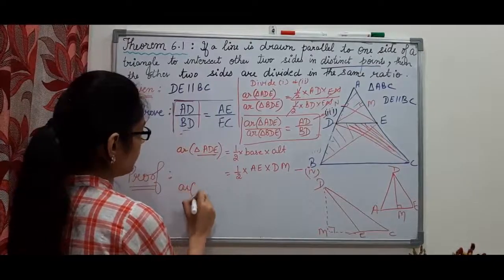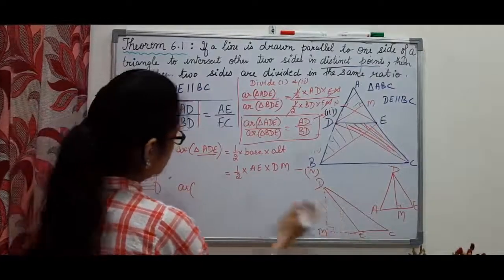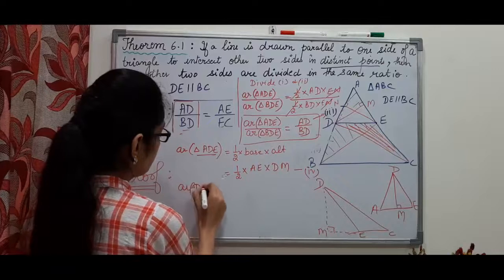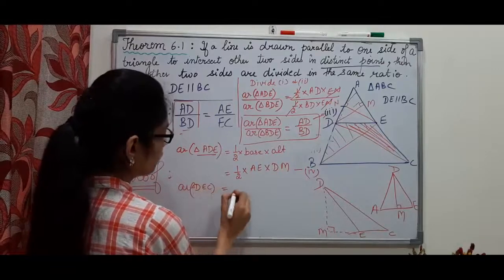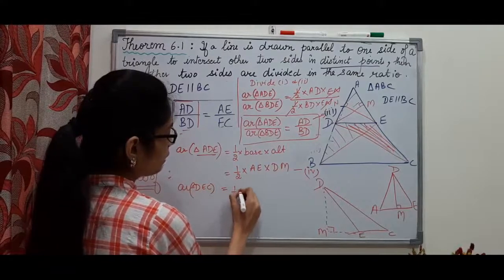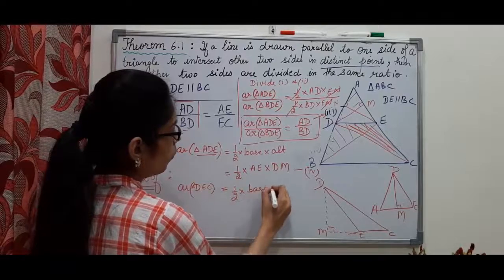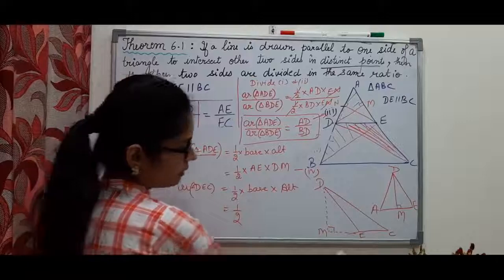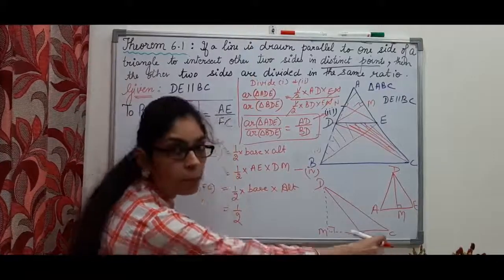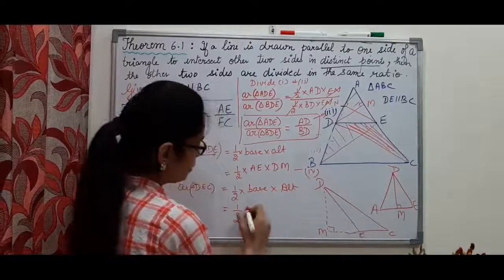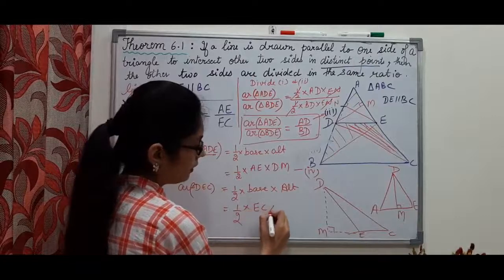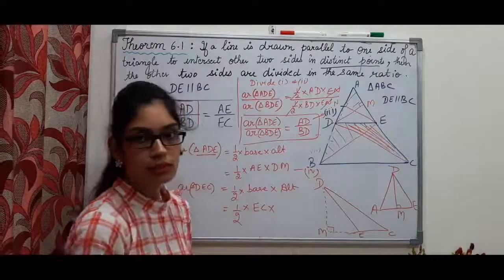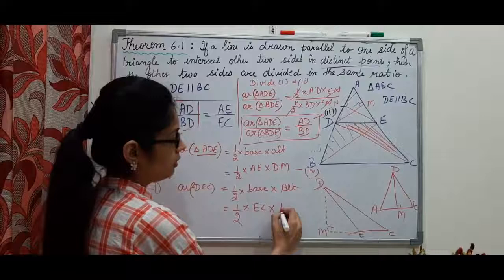Now let's find the area of triangle DEC. The formula will remain the same, half into base into altitude. So half base, the downward side, is EC, and the altitude, again a straight perpendicular line, is DM.